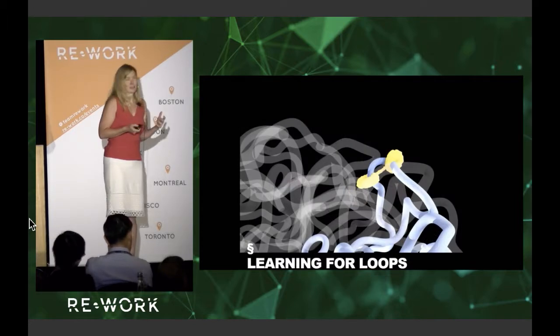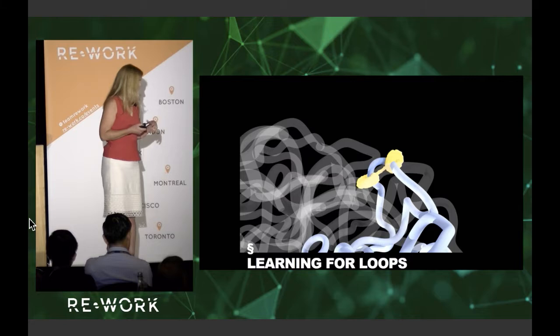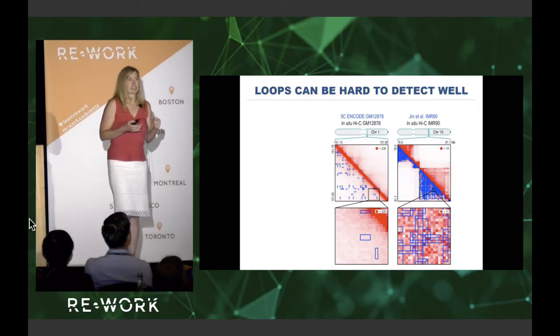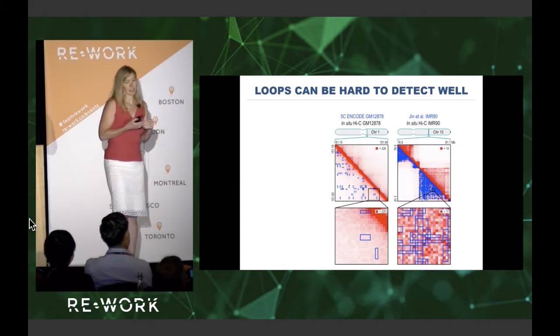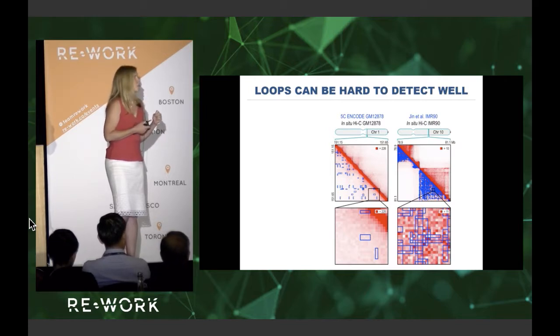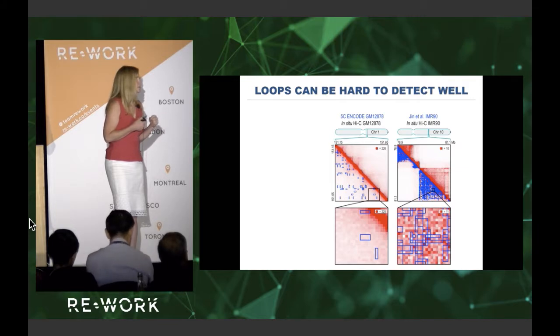So how do we do this? What do we do with these contact maps? How do we find these features? It turns out that finding these loops can be a really difficult task. Prior to the main focus of the work that I had done, these were the kind of loop calls that people were making. In one case, it's a different experiment, so there are probably some biases in the experiment that weren't taken into account.